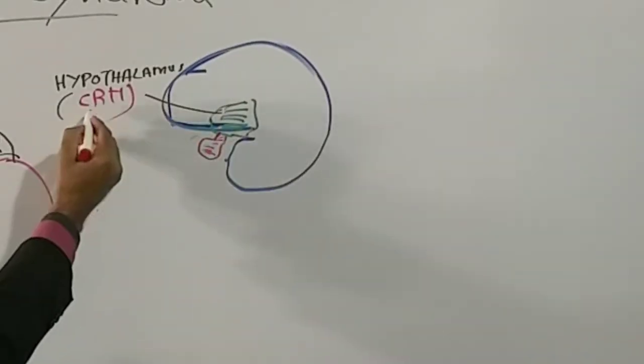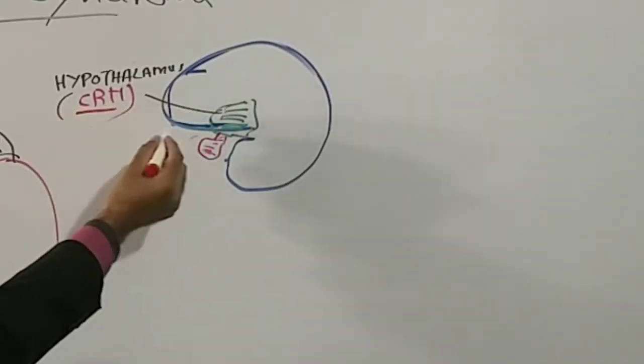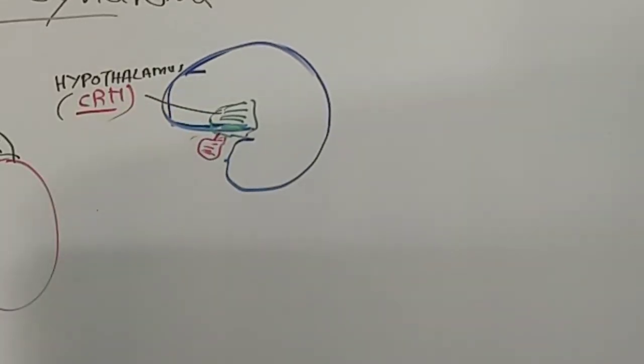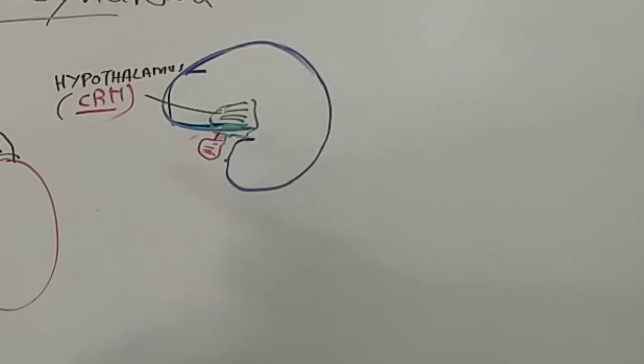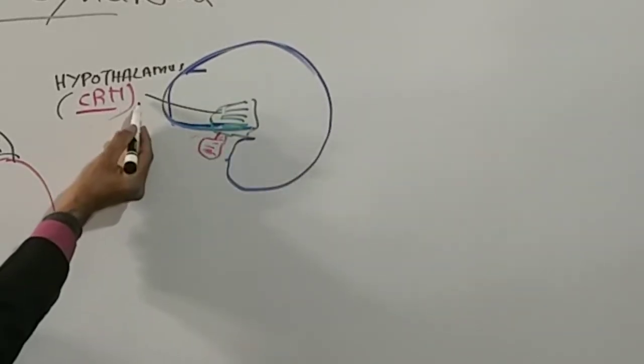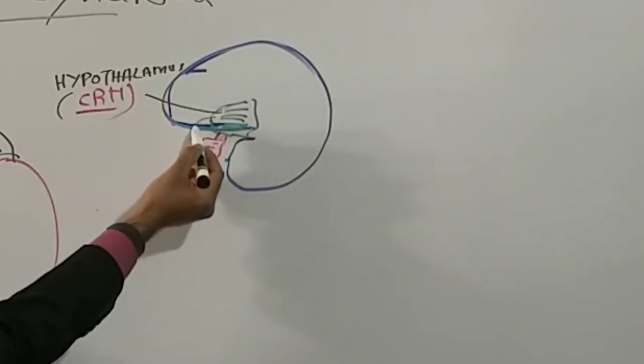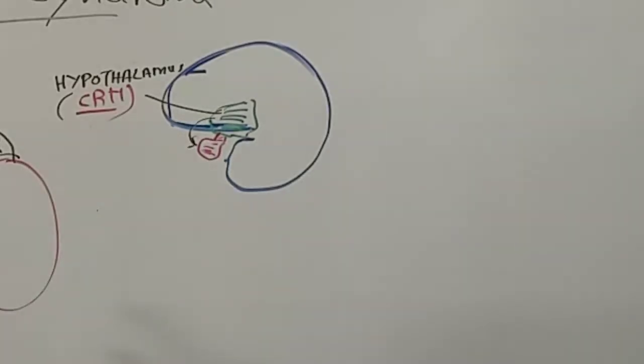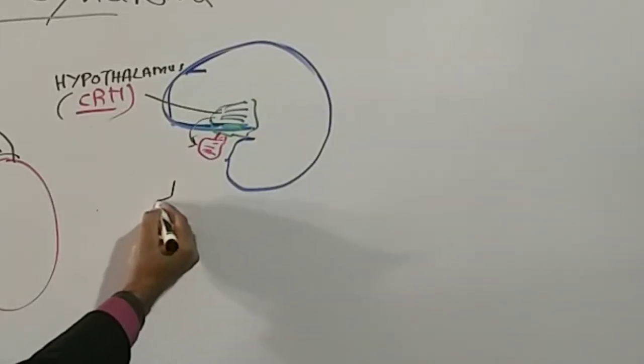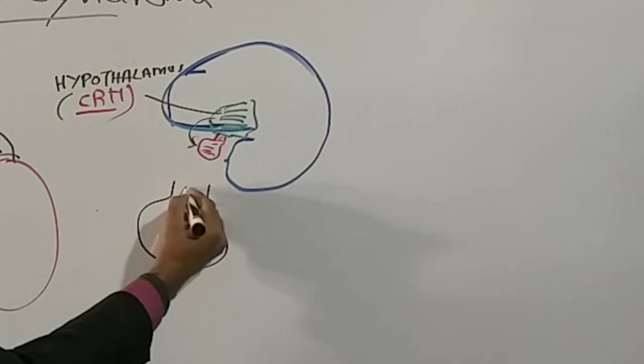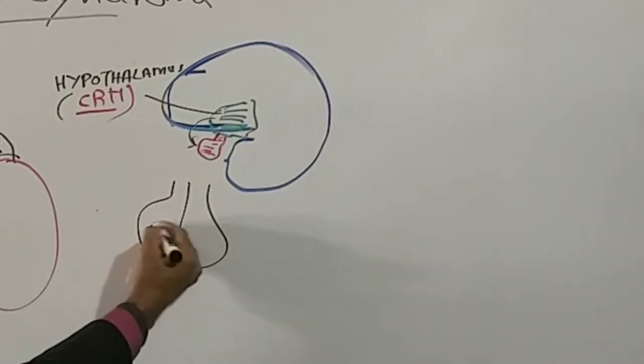This corticotropin releasing hormone is produced by the hypothalamus as a part of the circadian rhythm. It goes from the hypothalamus towards the pituitary gland, and this pituitary gland has two parts, anterior and posterior, and here we are concerned with the anterior portion.